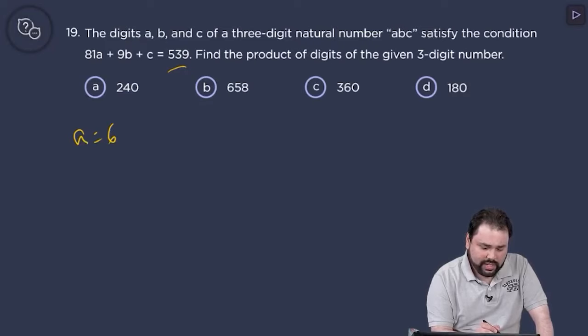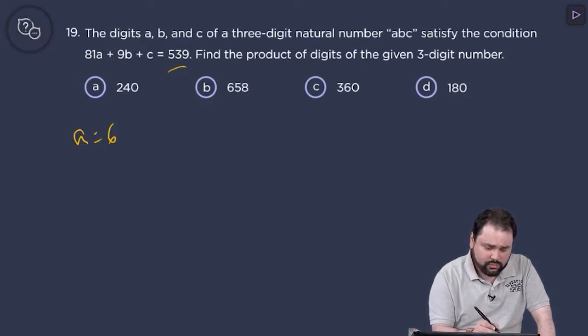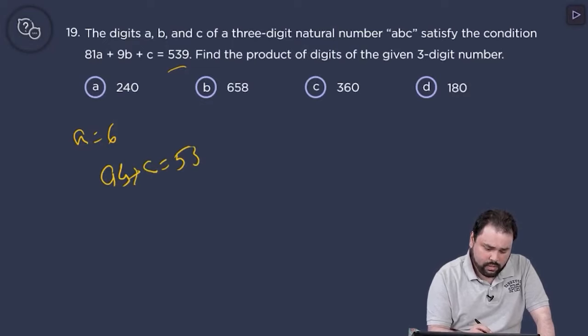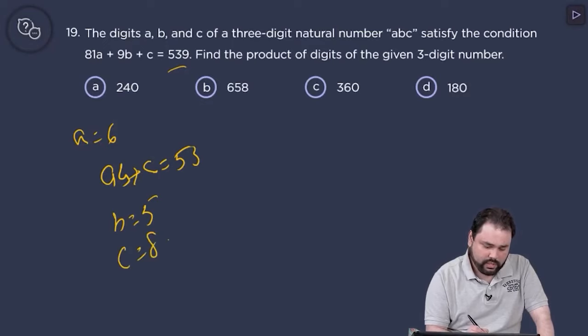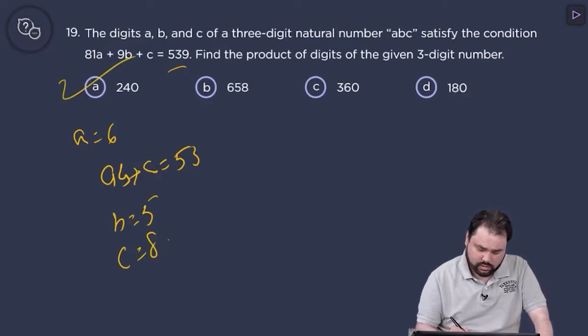Maximum value of B is 9, that's 81, C can be 9 also, so maximum 9B plus C is 90, not possible. So A has to be 6. If A is 6, that's 486, so 9B plus C is equal to 53. So B is equal to 5, C is equal to 8. Product, 48 into 5, that's 240. Okay, this is easy.